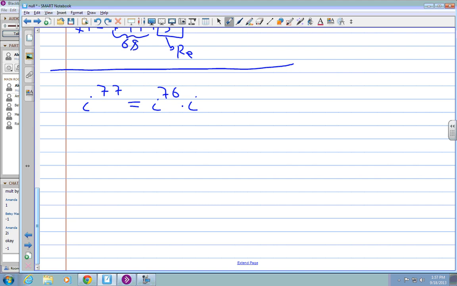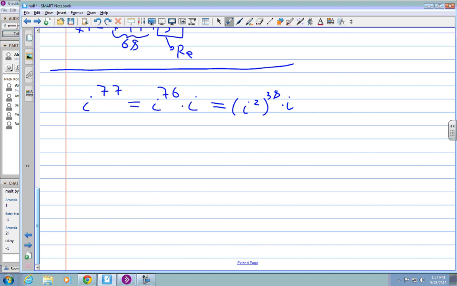So i to the power 77 is the same as i to the power 76 times i. Is that okay? And then, since 76 is an even power, I can always write it as i squared to what? What is 76 divided by 2? 38, right?